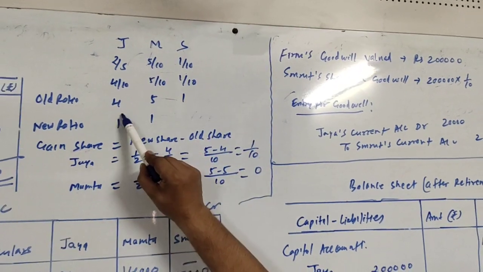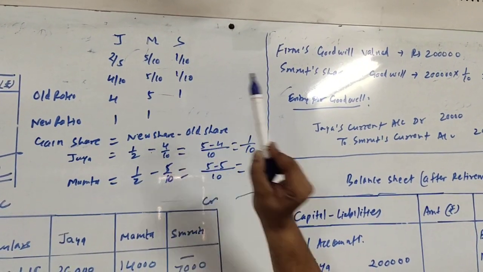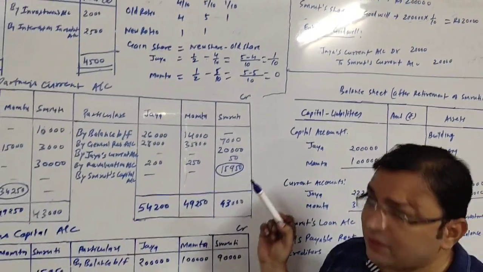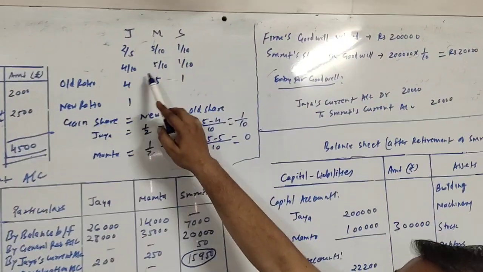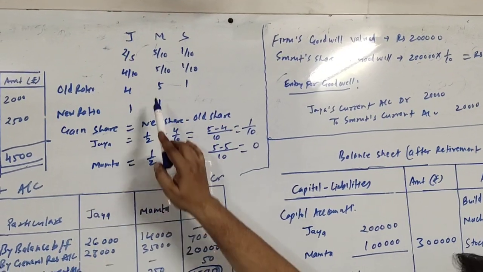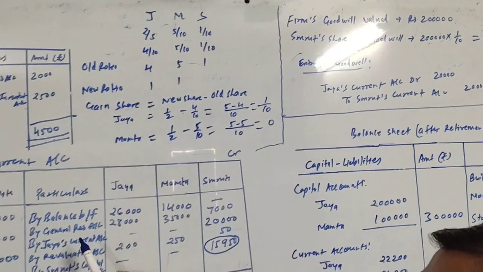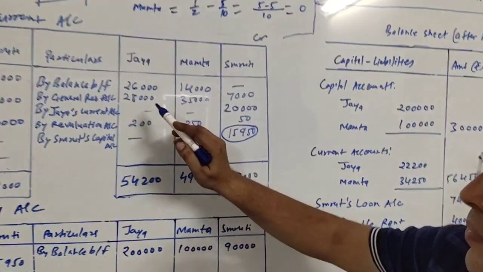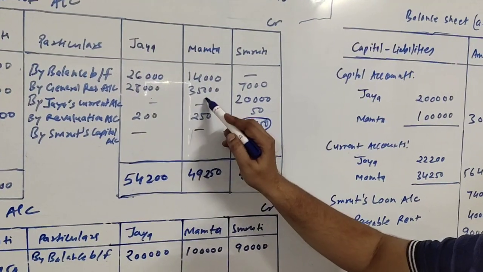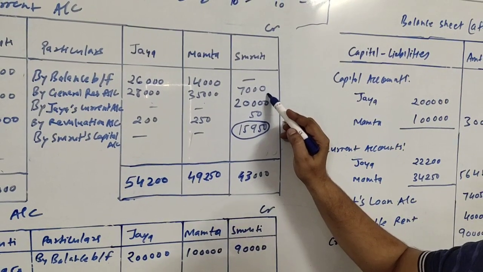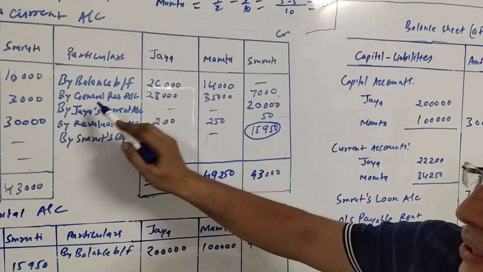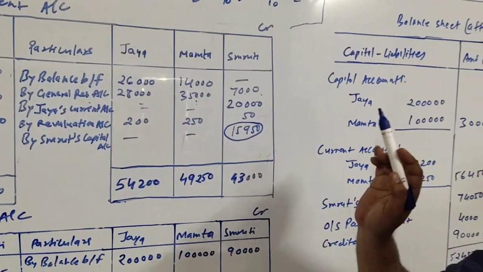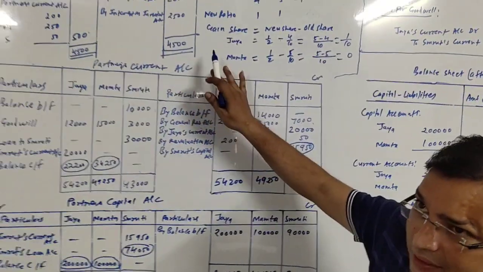So our ratio will be 4:5:1. The general reserve, which is given to us as 70,000, will be distributed among all three partners in this ratio of 4:5:1. We will get amounts of 28,000, 35,000 and 7,000. Total amount is 70,000. So by general reserve, 28,000, 35,000 and 7,000 in the current accounts of partners.